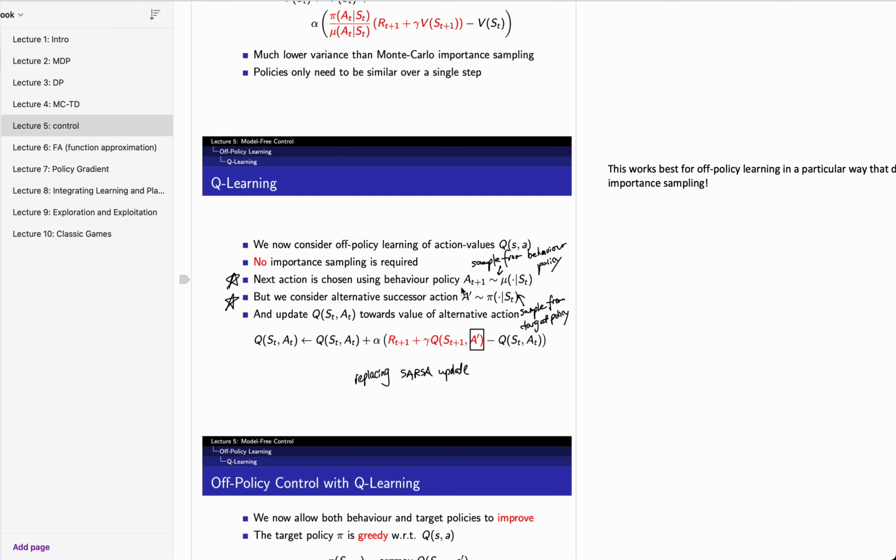So after I take these actions, I will observe what would be my following states, and then from those states, I'm going to pick the successor action A prime derived from my target policy pi, and then I'll use that to update my Q values.